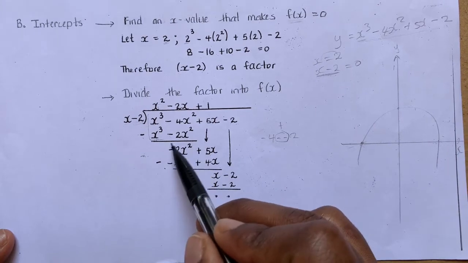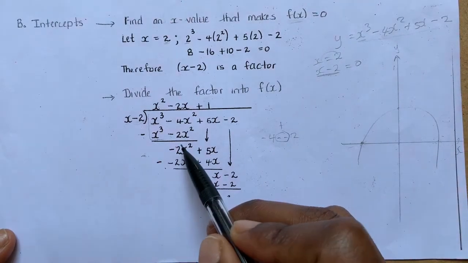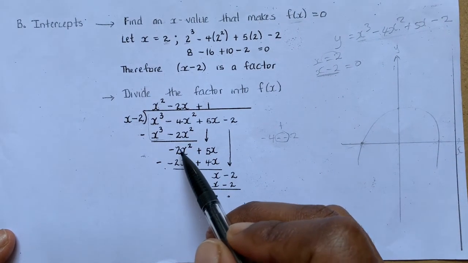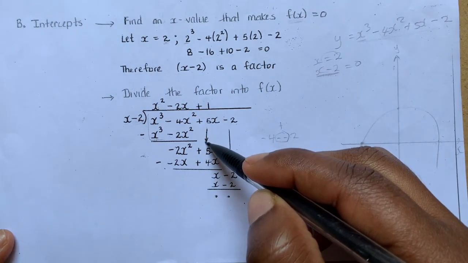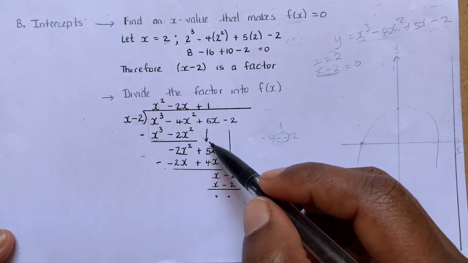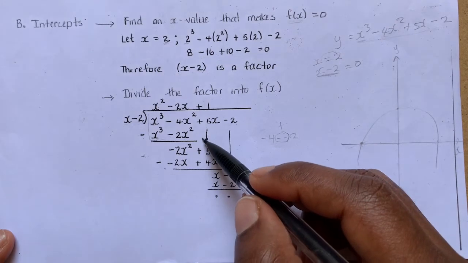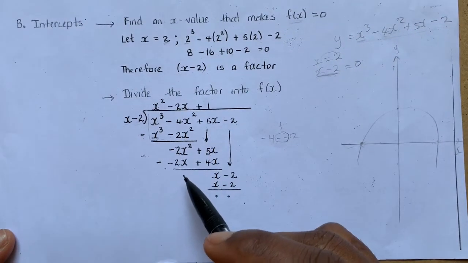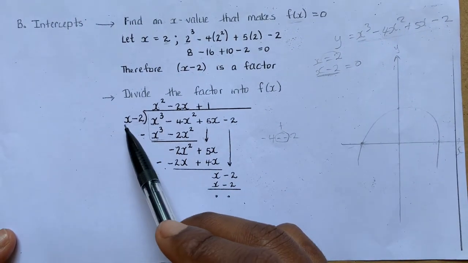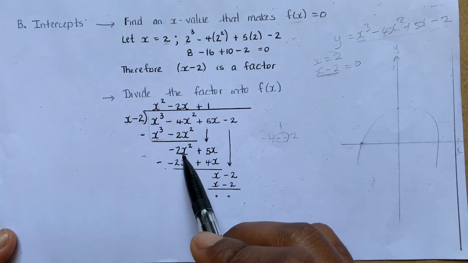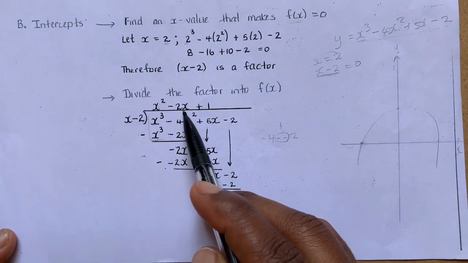So we are left with -2x squared when we subtract. We'll then bring down this next part of the function, which is the 5x, and we do it once more. X into negative 2x squared, you'll be left with a negative 2x. Then we multiply.